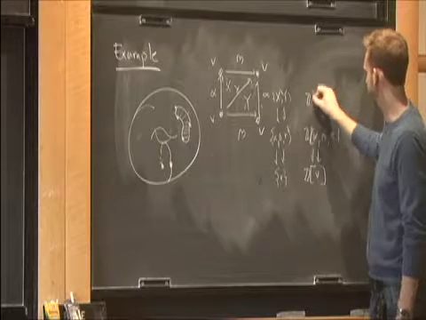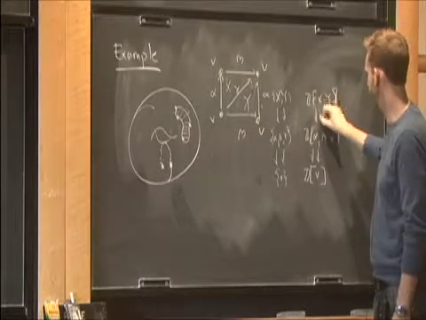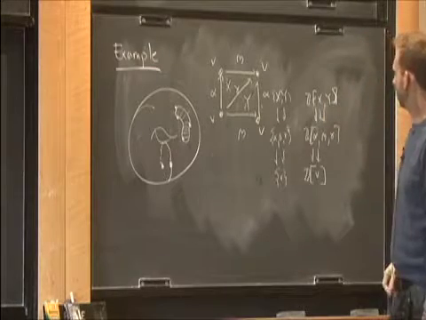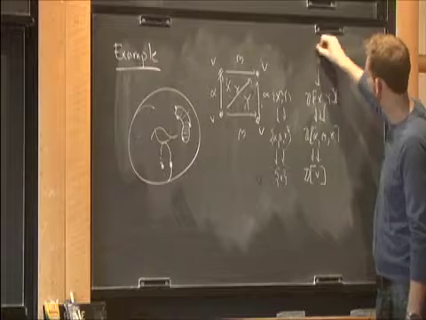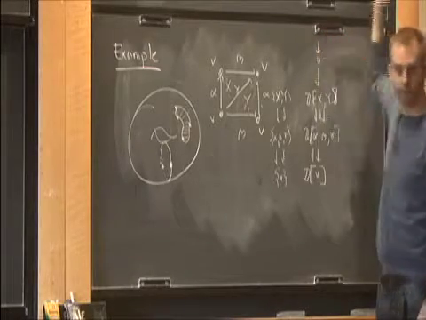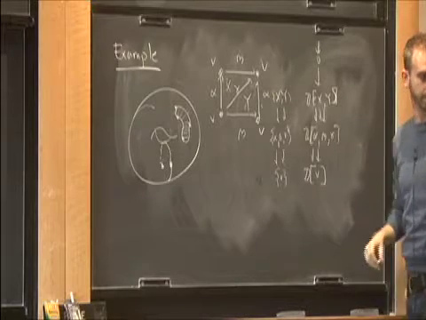And I have Z on X and Y. Oops. Yeah, that's right. And then everything else is 0, right? There are no simplices of any higher dimension.